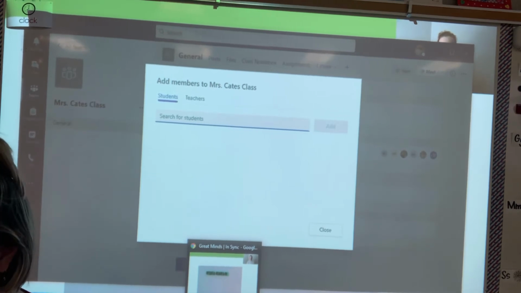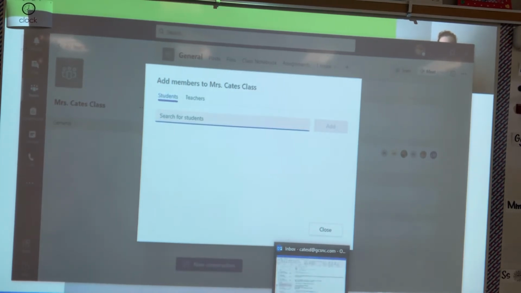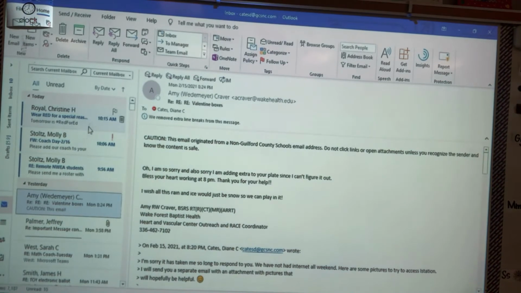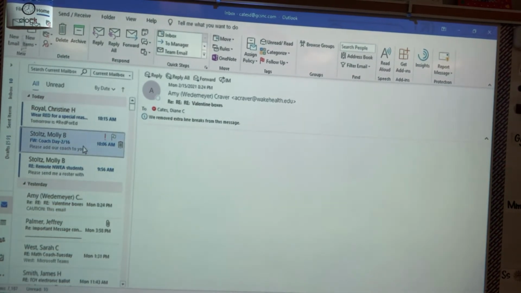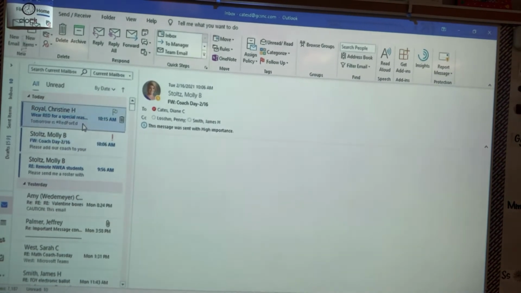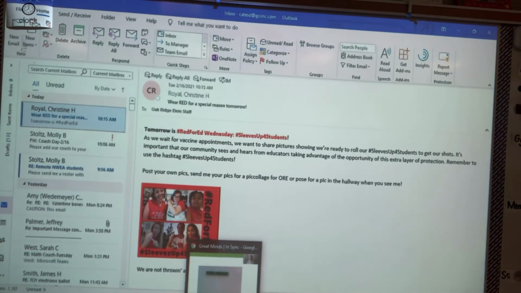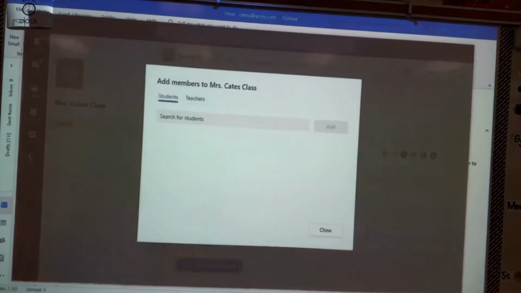Just hang on 1 second. Just gonna look at my email. Sometimes it sends me an email, but it didn't send me anything. But I did add her. I added her yesterday because I'm the one that asked Molly or told Molly that we have to do that or they won't let us in.